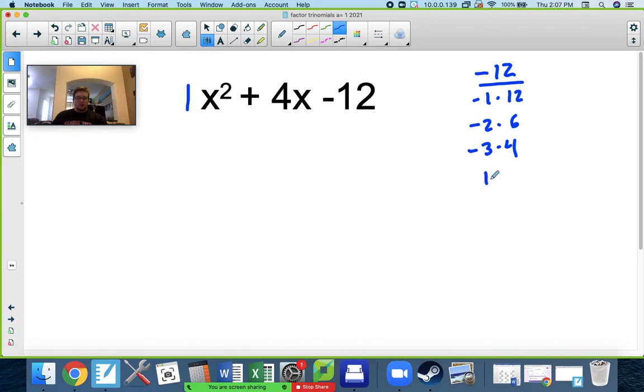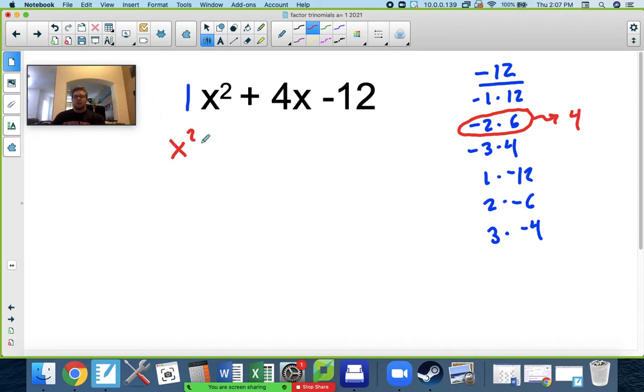So that means we'd also have 1 times negative 12, 2 times negative 6, and 3 times negative 4. So here's all the factors that work. It's this one right here that combines to our positive 4.